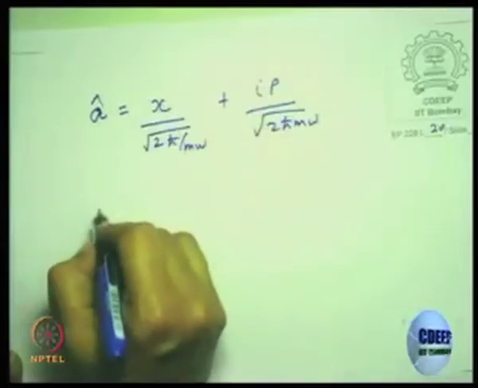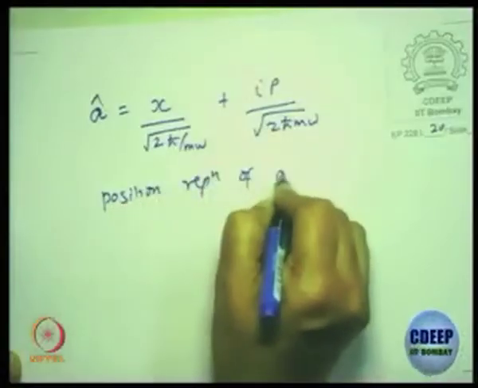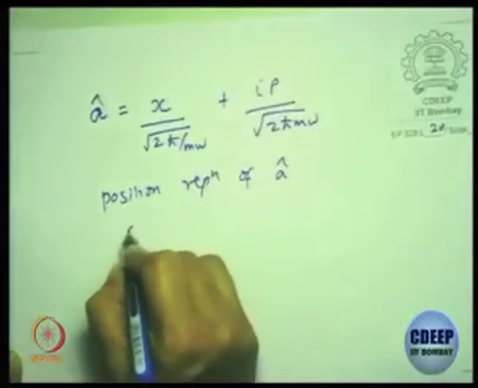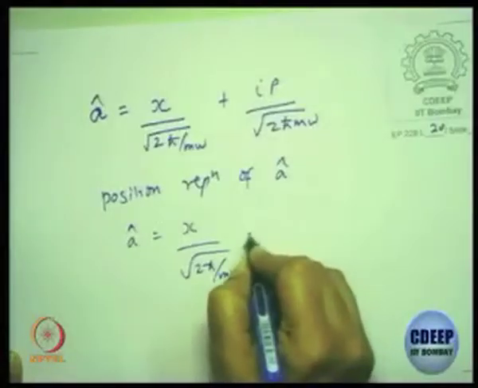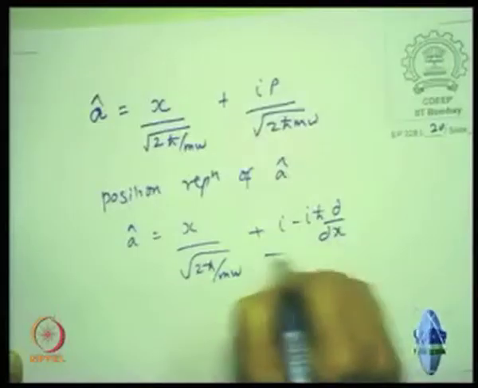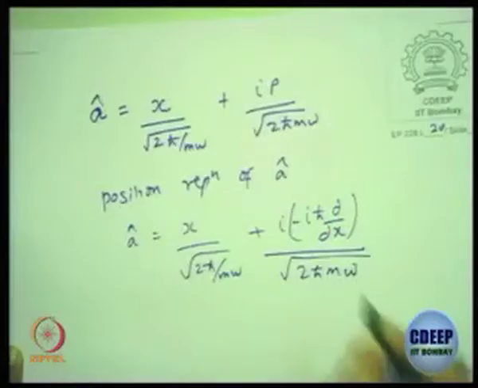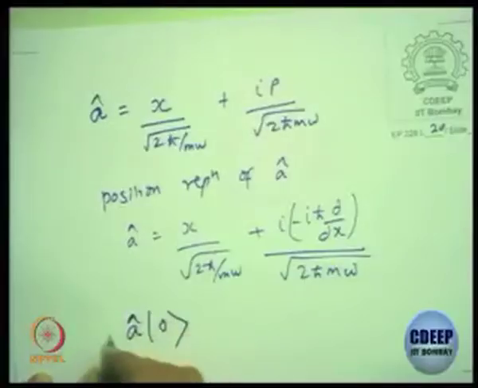A position representation of A operator will be... okay. So what we will do is we will take A on 0 and take a position state.